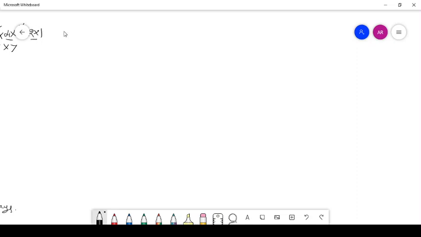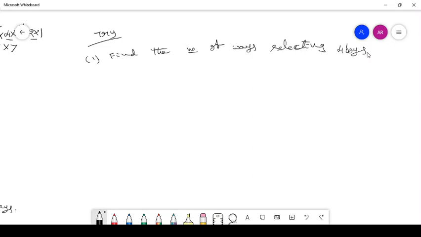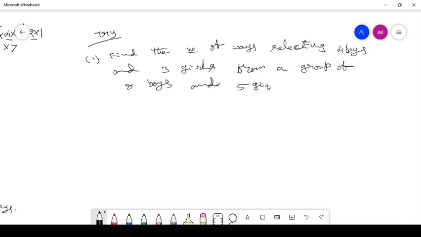Find the number of ways of selecting 4 boys and 3 girls from a group of 8 boys and 5 girls. Same problem. You have to try.